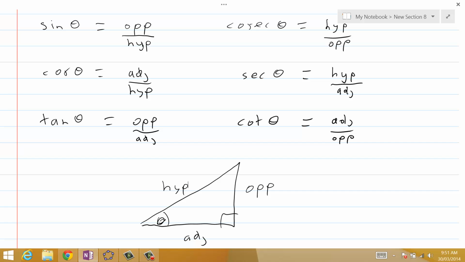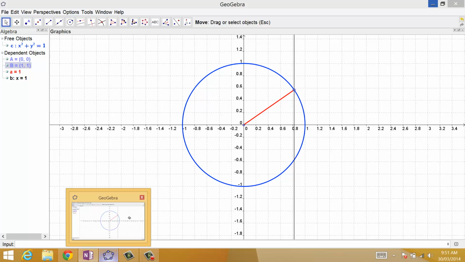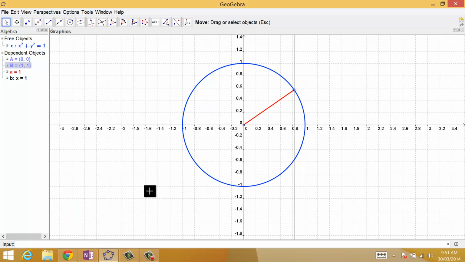The thing that you're going to be introduced to in this video is a slightly different way of thinking about these ratios. Let us look at the unit circle with a radius. The unit circle is in blue, the radius is in red.